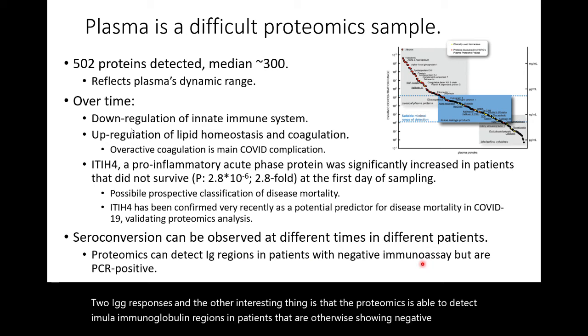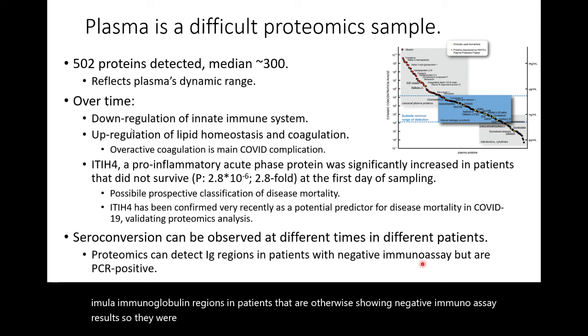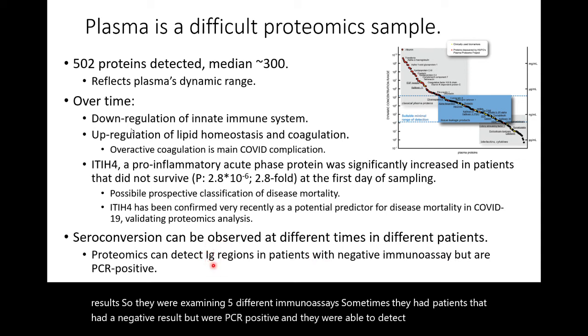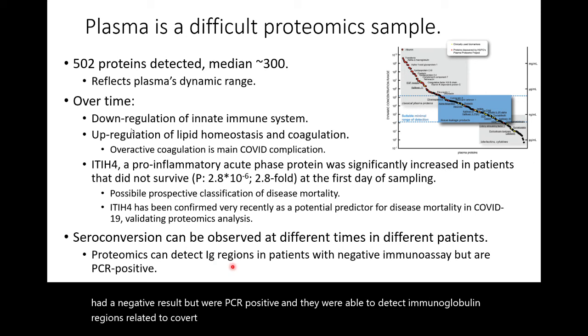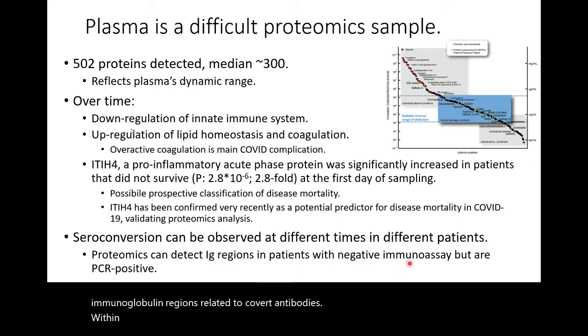So they were examining 5 different immunoassays. Sometimes they had patients that had a negative result but were PCR positive, and they were able to detect immunoglobulin regions related to COVID antibodies within their samples where they couldn't find them by the immunoassay.